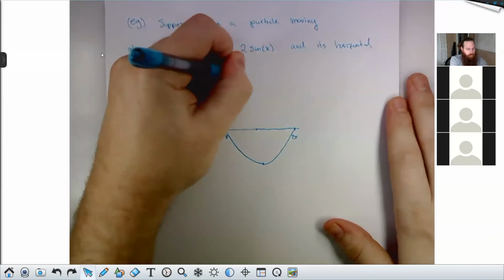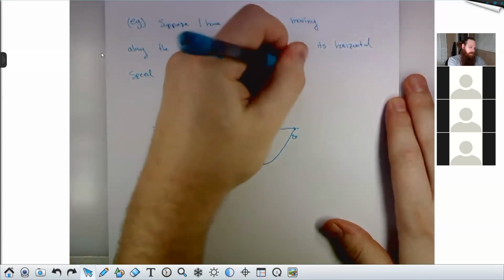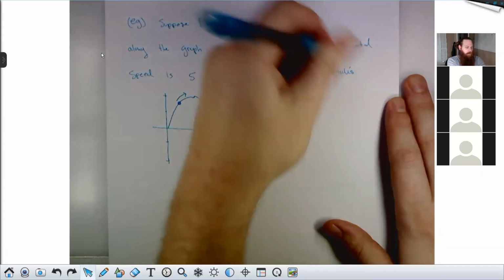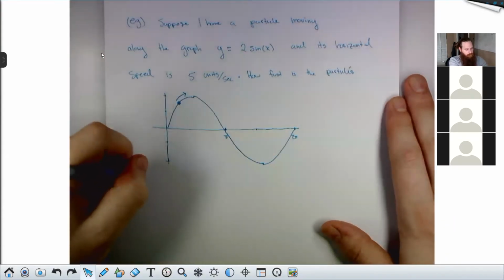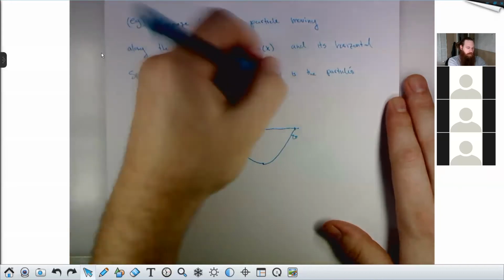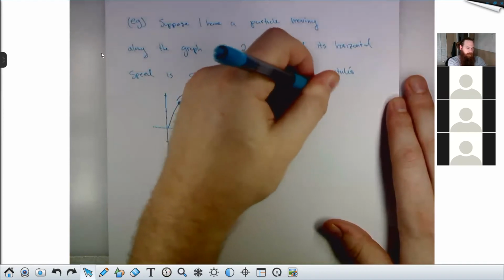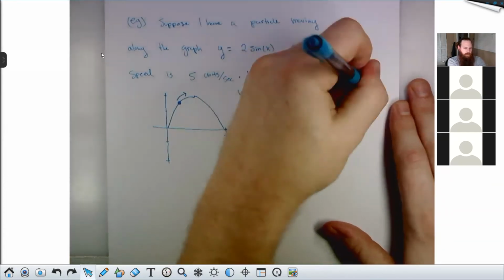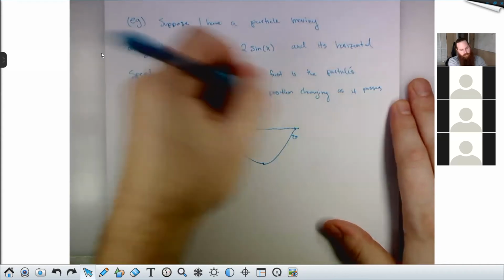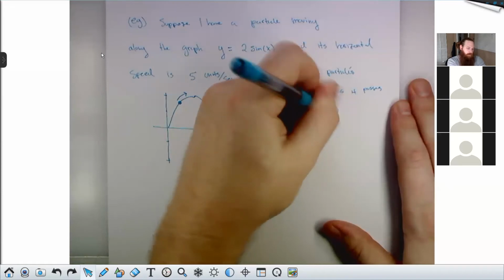I'd like to know how fast is the particle's vertical position changing as it passes through the point pi comma 0.